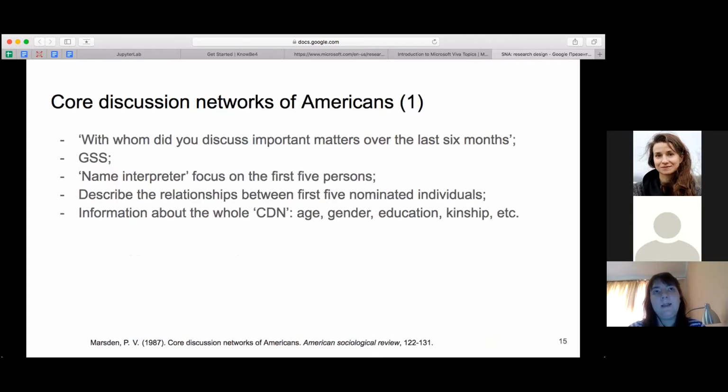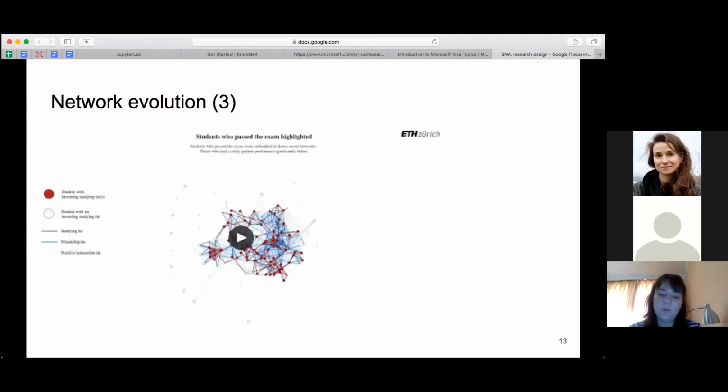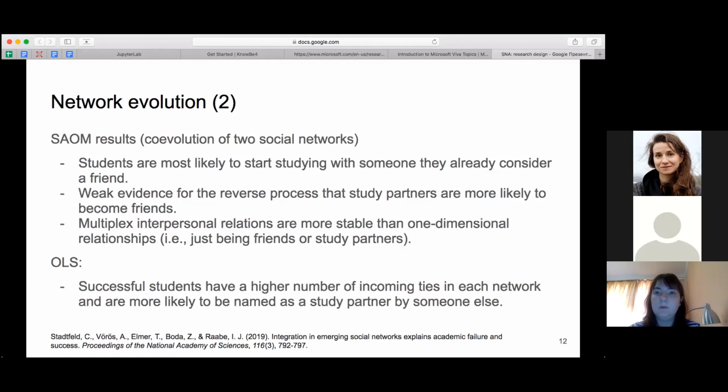Okay. Next, let's move to somewhat different surveys. In this survey, we collected information about one small community, and our results give us information about only one community. Yes, we know that it is good to be socially integrated.